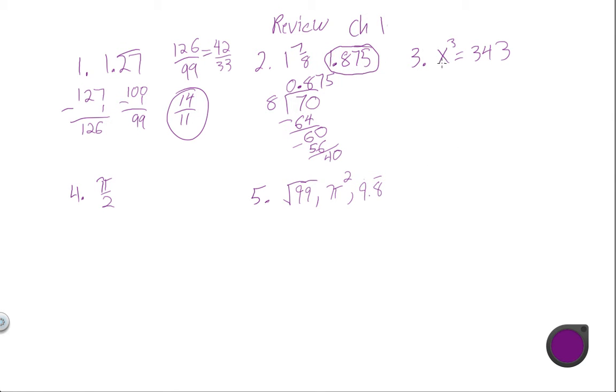Okay, number 3, x cubed equals 343. In order to figure out what x is, we need to do the opposite of the power of 3. And so the opposite of the power of 3 is take the cubed root of both sides. Basically, what we're doing is we're just making sure we do the opposite of this to both sides.